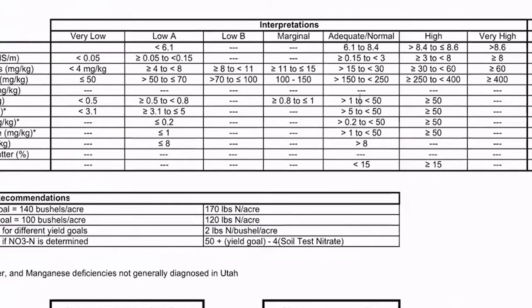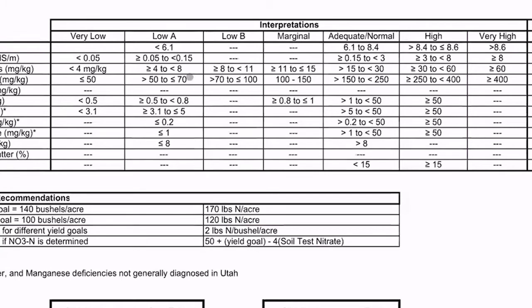That's where we would think that you have plenty as far as the USU recommendation goes. The additional application of nutrient is not necessary. It's not economically justifiable. Below that, however, we get various levels of need, everything from very, very low and severe need to a marginal or nearly adequate condition.